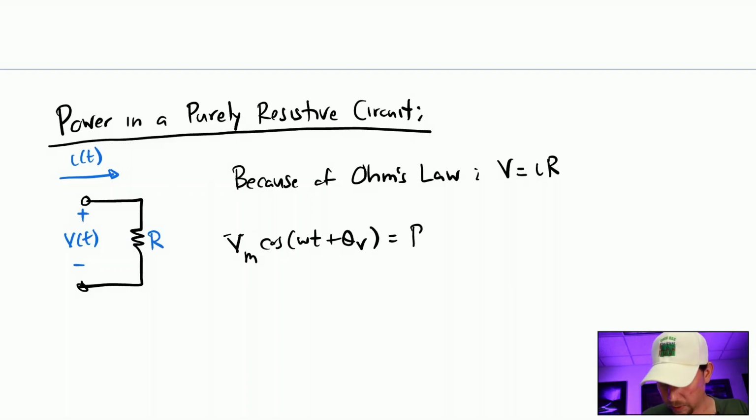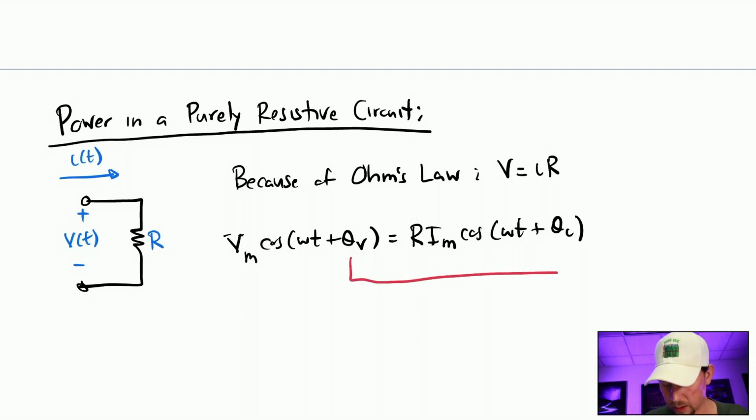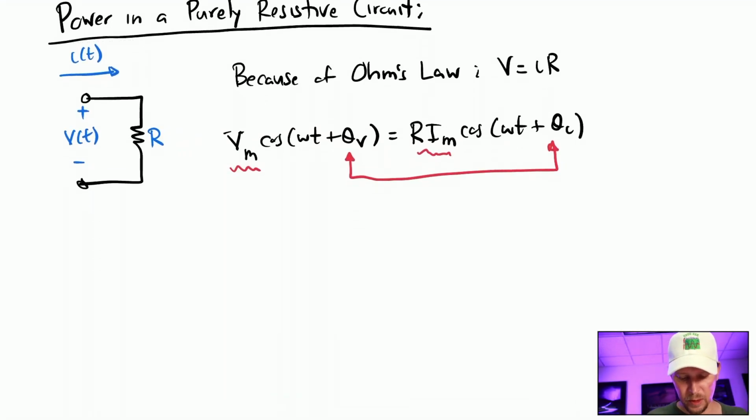this is V sub m times the cosine of omega t plus the phase angle. Well, that has to equal the resistance times I sub m times the cosine of omega t plus its phase angle. And the only way that these two things can be equal is if this phase angle is absolutely identical to that phase angle. Similarly, this magnitude and that magnitude must be absolutely the same.